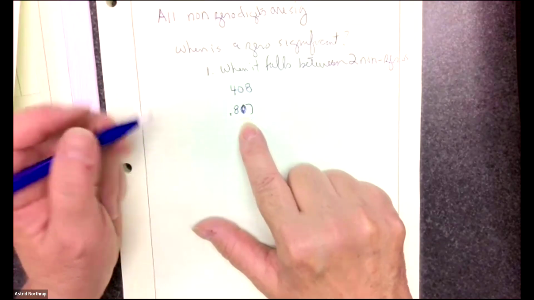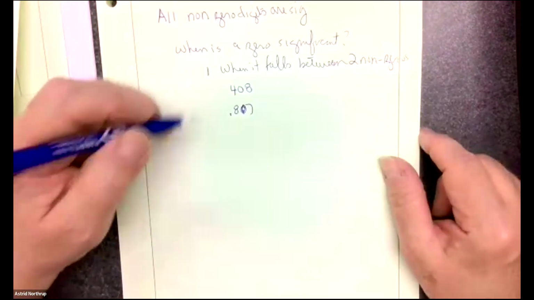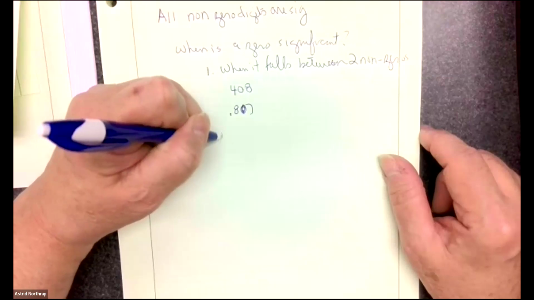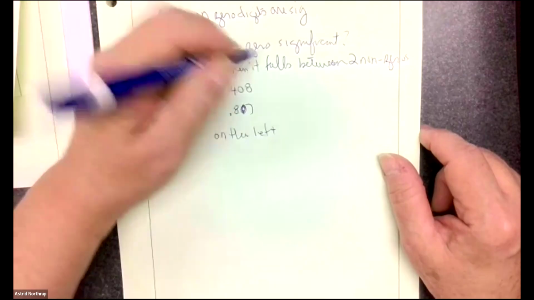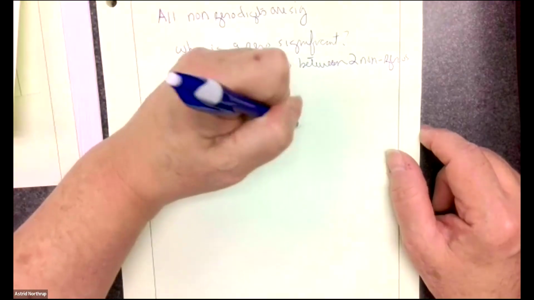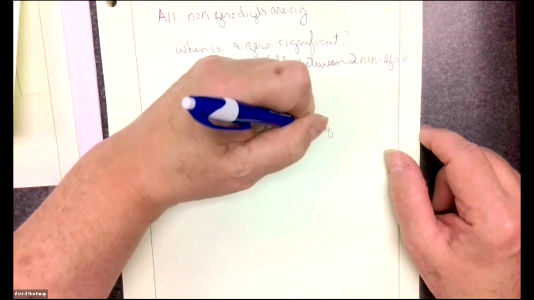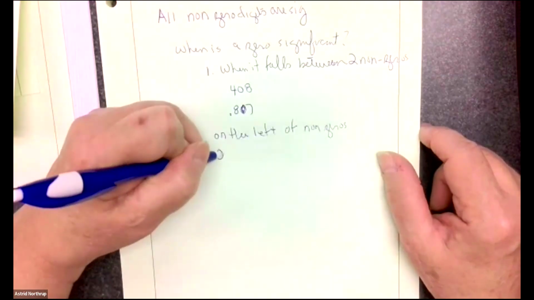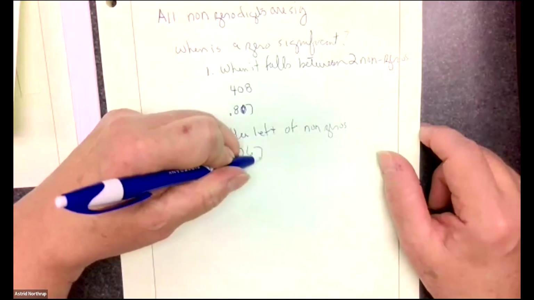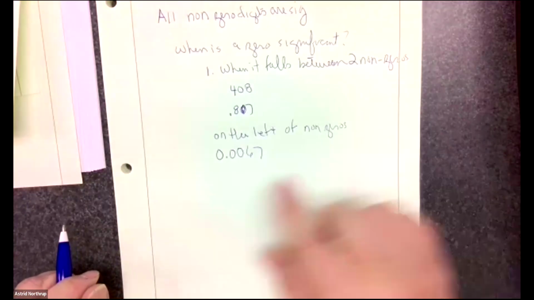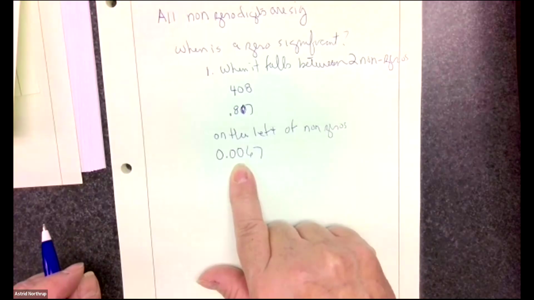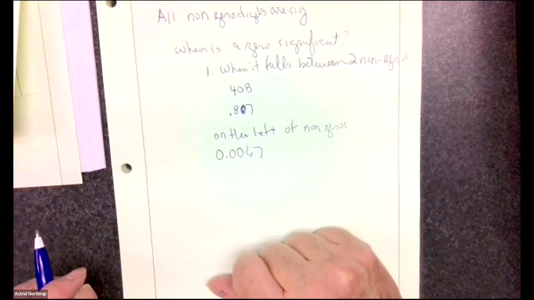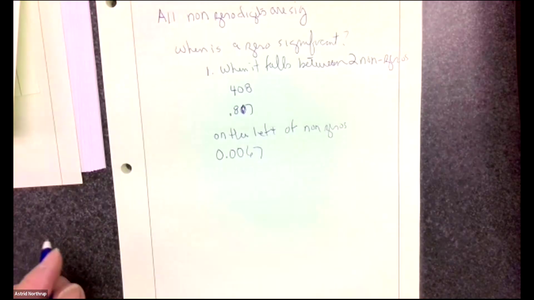This is another one: when it falls on the left of non-zeros, which is the part that doesn't make sense to me, but it's still true, as in 0.0067.